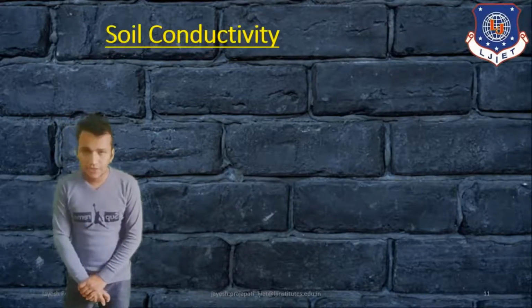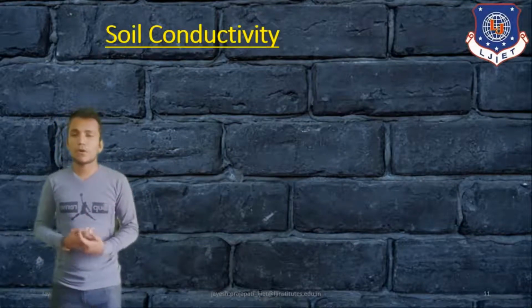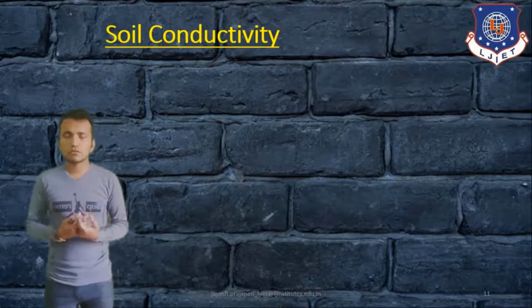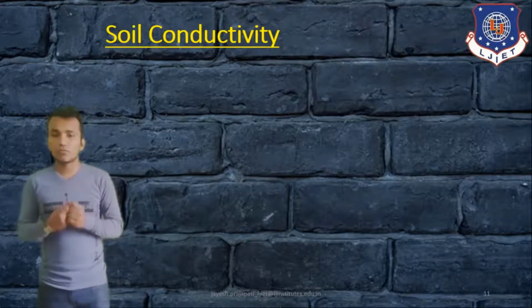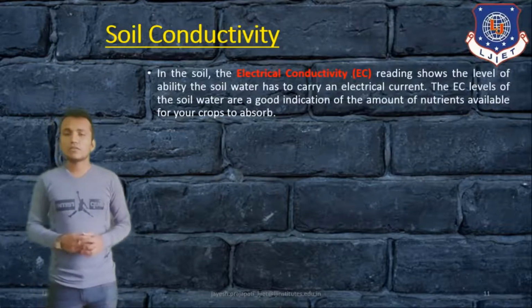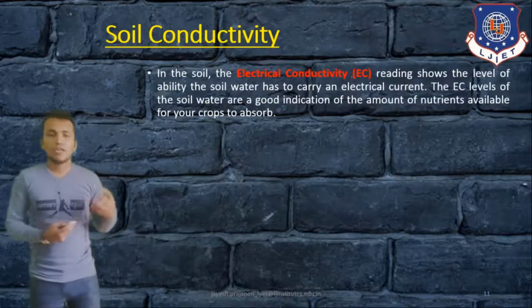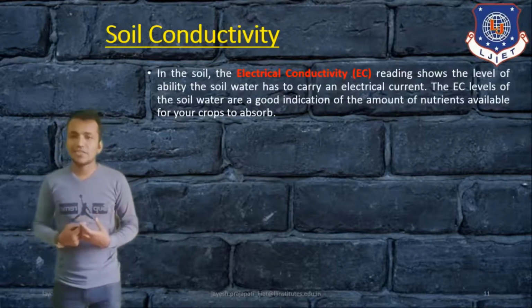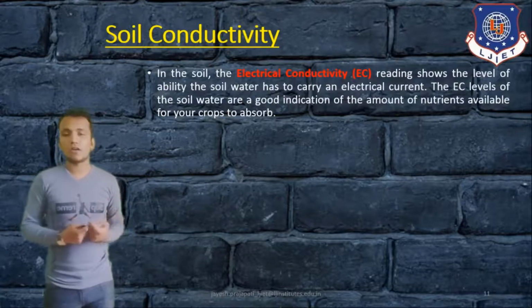Okay. Then soil conductivity. Soil conductivity is another very important property of the soil. So let us see the soil conductivity. If we define it, in the soil the electrical conductivity, that means EC, reading shows the ability of the soil water to carry electrical current.